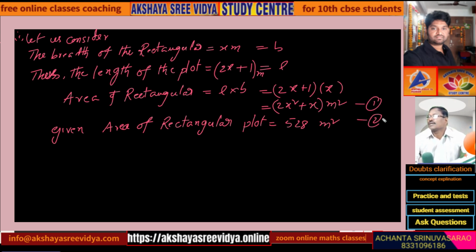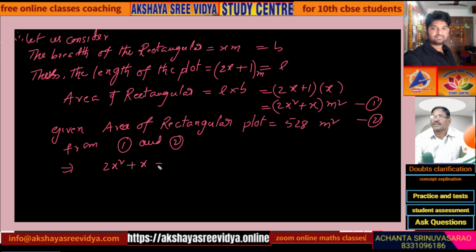This is the equation number 2. From 1 and 2, both are equal: 2x square plus x is equal to 528. This implies 2x square plus x minus 528 is equal to 0.